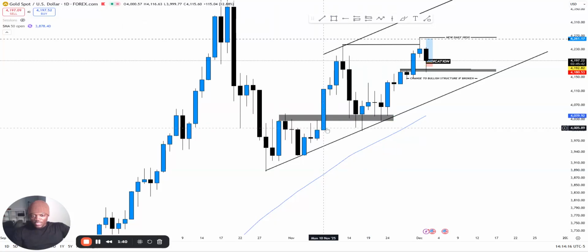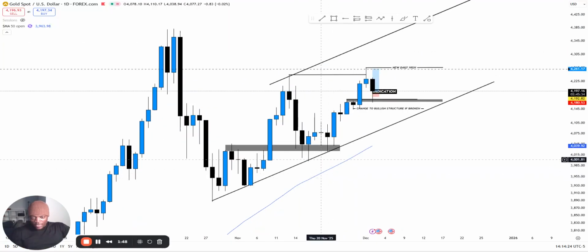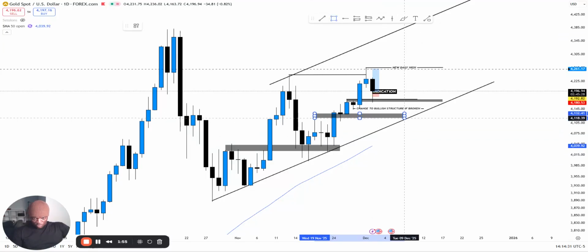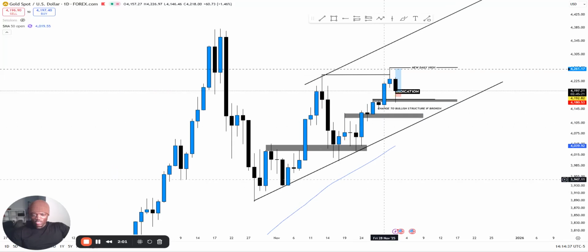Look, it broke this high, made a new higher high, a new higher low, and continued in this trend. Then it made a new higher low, and this higher low was later broken again, right here. Then it made a new higher high, higher low. So it continued within this whole trend right here.